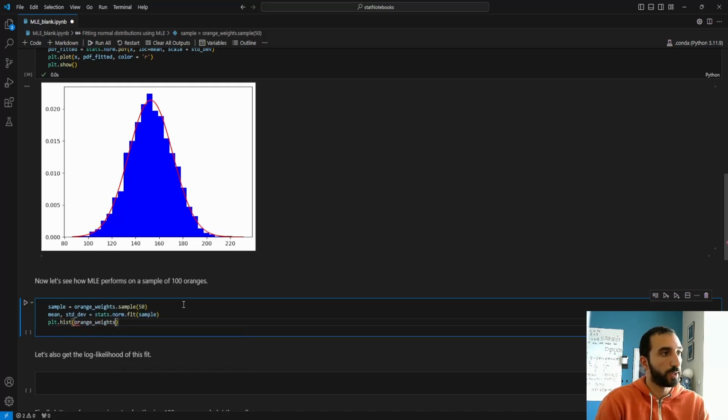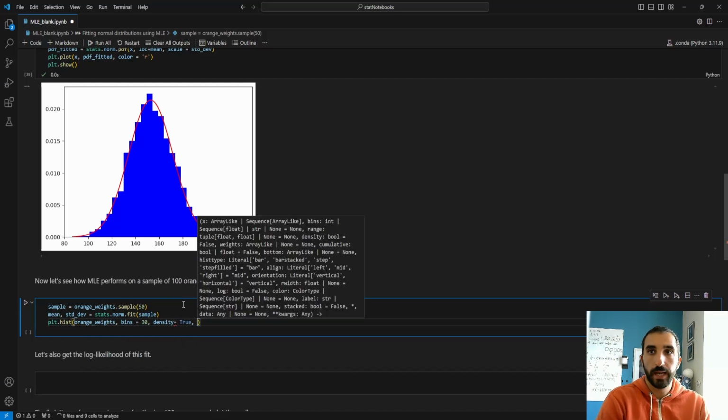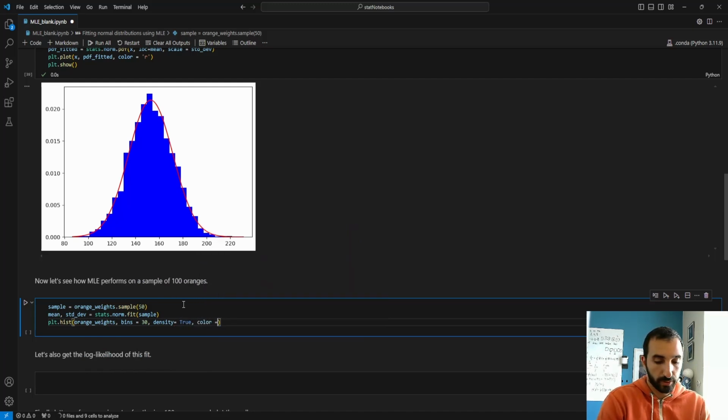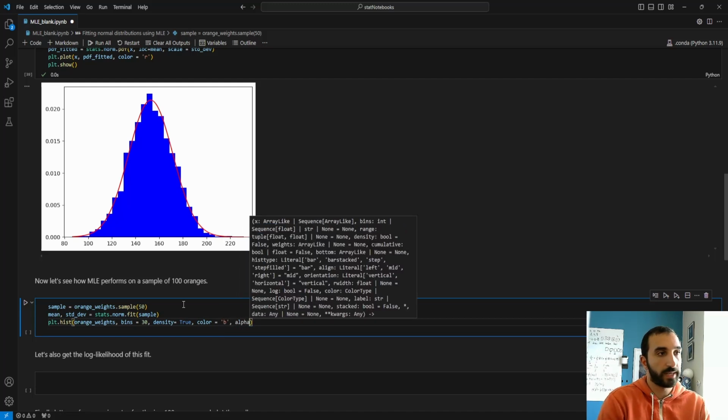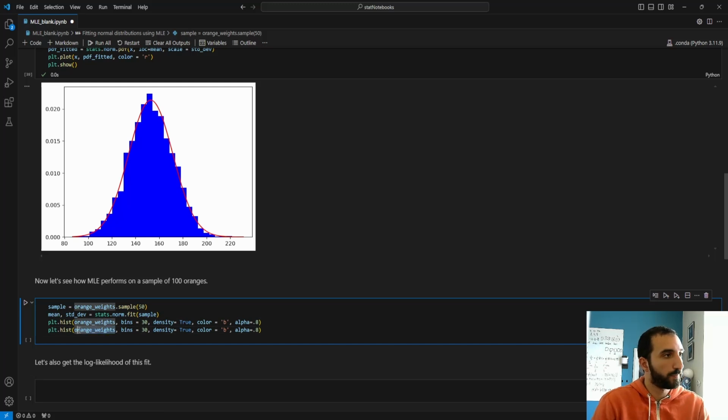So we'll plot the orange weights again with 30 bins. We'll set density to be true, and the color to be blue. And I'm going to be plotting multiple histograms here. So I'm going to set an alpha value, a transparency value of 0.8. Okay, and we'll do the same now for the sample.